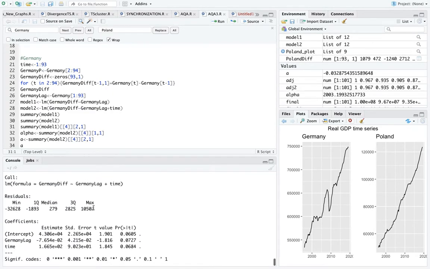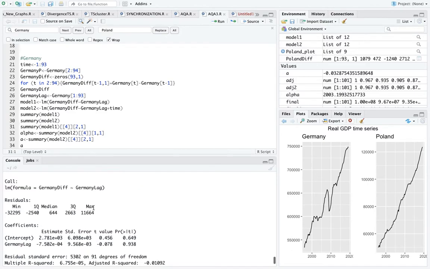Okay. So we start with a regression with no time trend. And what do we see here? Look, here we see that the value of the parameter is not statistically different than 0. The p-value that we see over here is over 0.9.